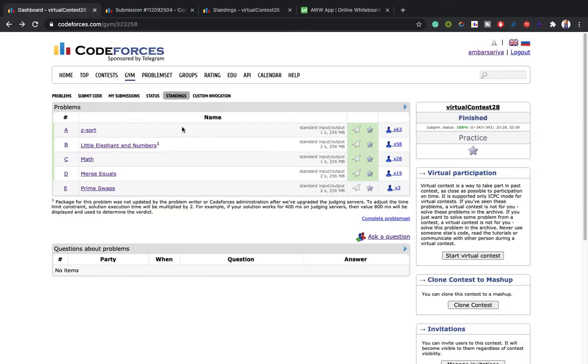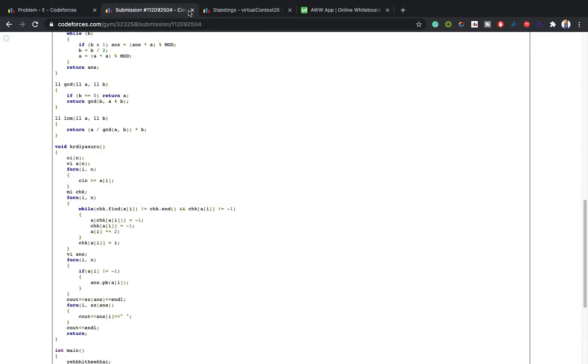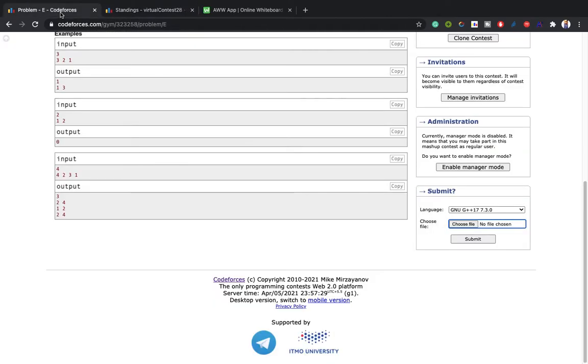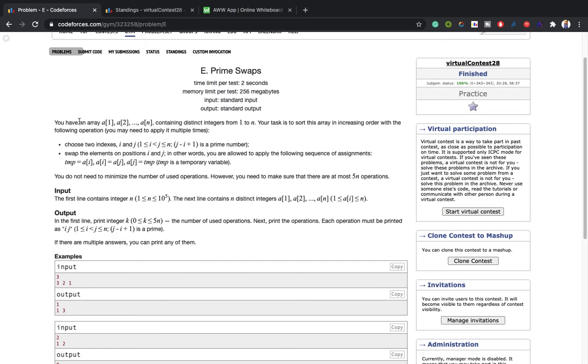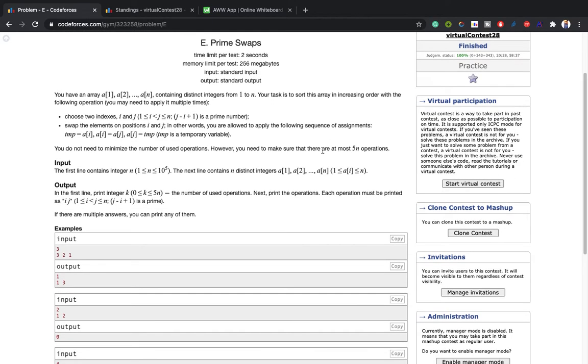So let's move on to, I guess, E. E was quite an amazing question. In this question, we are given an array containing distinct numbers from 1 to n. We have to sort this array.